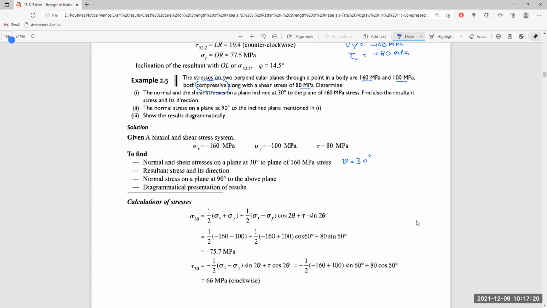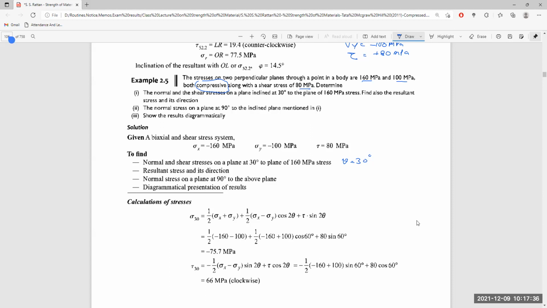Tau 30 is half (sigma x minus sigma y) sin 2 theta plus tau cos 2 theta. Half of 160 minus plus 100, sin 60, plus 80 cos 60.